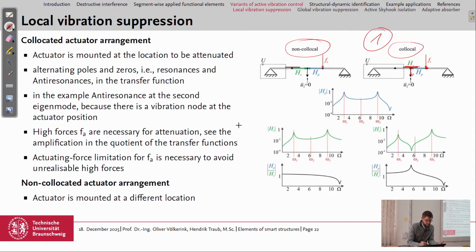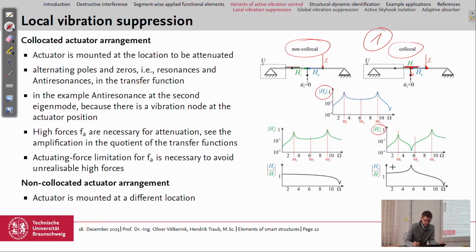And if we then have a look at the transfer functions, the transfer function for the primary path is the same for both actuator arrangements, but the transfer function of the secondary path from the actuator to the location we want to suppress the vibrations at is different.